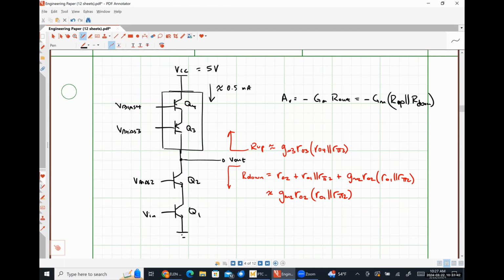What's 5 volts over half a milliamp? 10 kilo ohms, right? Which means if we put a 10 kilo ohm resistor in it, all of our transistors below it are off because there's literally no voltage from here down affected.